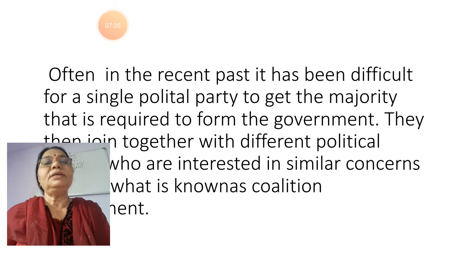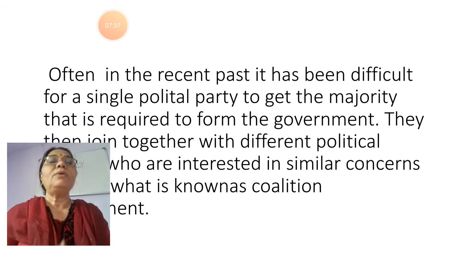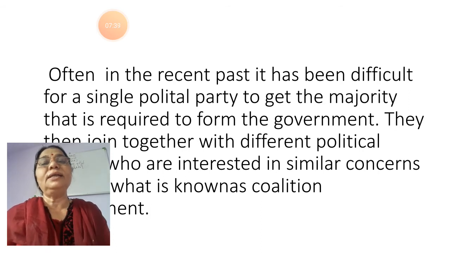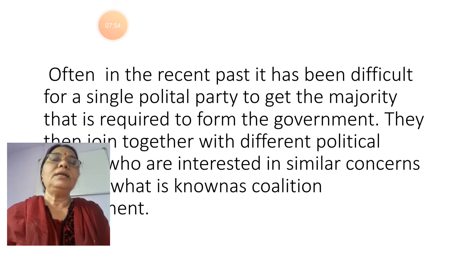At that time, this party can take the help of other parties and then make the government. Recently in our Maharashtra also such a condition happened, and that party had to take the help of other parties, and then they could make the state government.